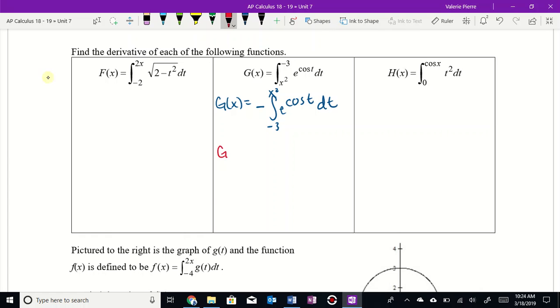So g prime of x is going to be equal to, I'm going to take my function up here and plug it in. So I have negative e to the cosine x squared times the derivative of x squared, which is 2x.